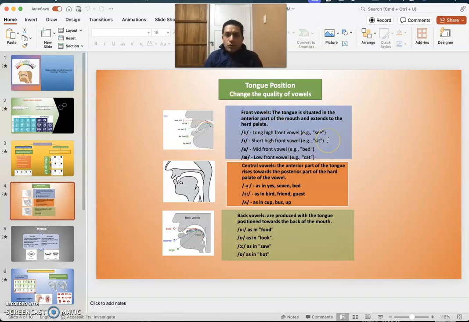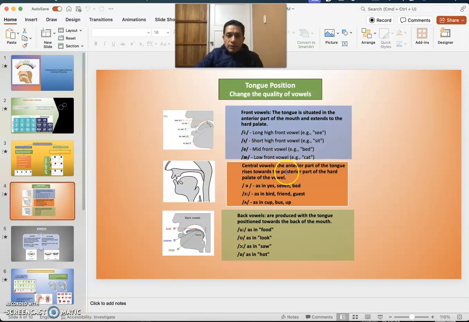The tongue is situated in the anterior part of the mouth and extends to the hard palate. I have provided many examples: the long high front vowel, for example see; short high front vowels, for example sit; mid front vowels, in this case bed; and low front vowels, in this case cat.